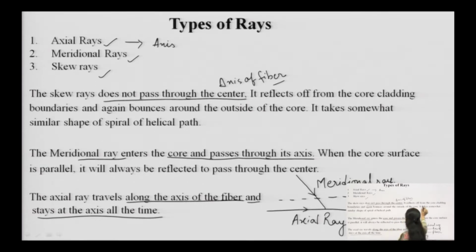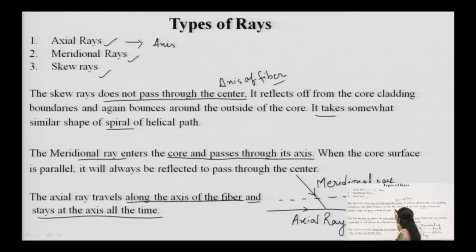They reflect from the core-cladding boundary and keep bouncing around the outside of the core. They do not enter inside the core after that and do not cross the fiber axis. What shape do they take? They take the shape of a spiral as they move forward.